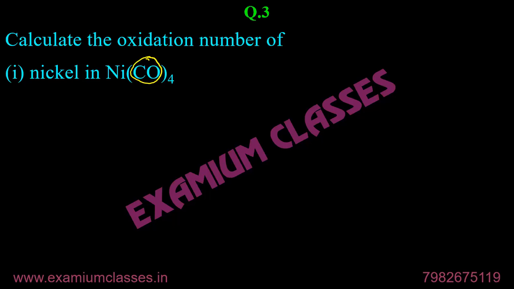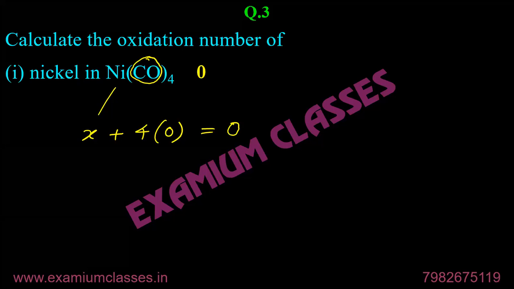Okay, Vandana is correct. It is 0. Why? Because nickel you will consider as X plus 4 times CO, which is 0. The overall charge is 0, which means X equals 0.